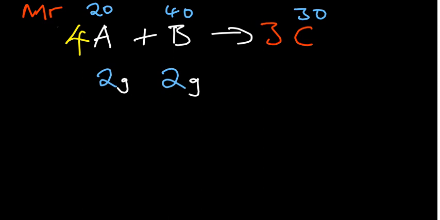Maybe I can remove the 2 grams first of all. Assume that we know the mass of A is 2 grams, and that its molar mass is 20 grams per mole. Is that information clear enough?